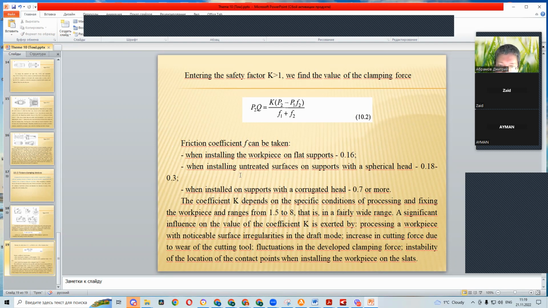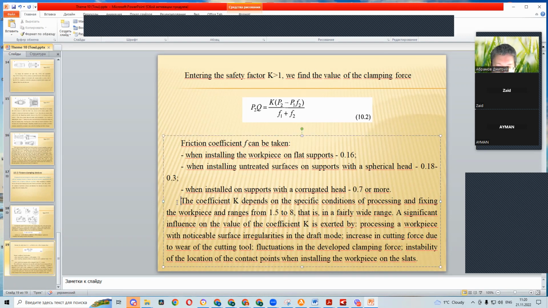When installing untreated surfaces on supports with a spherical head, from 0.18 to 0.3. When installed on supports with a corrugated head, its coefficient f will be equal to 0.7 or more.